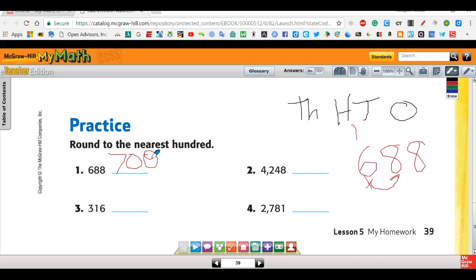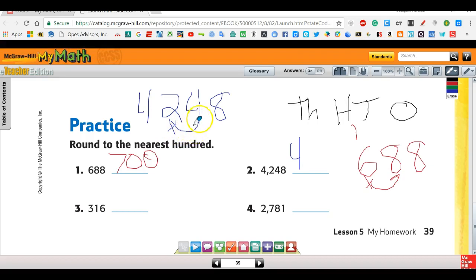Now number 2 says I have 4,248. What number's in the hundreds place? 2. Am I working with the thousands yet? No, so then I have to write that down. So put a little X right there.